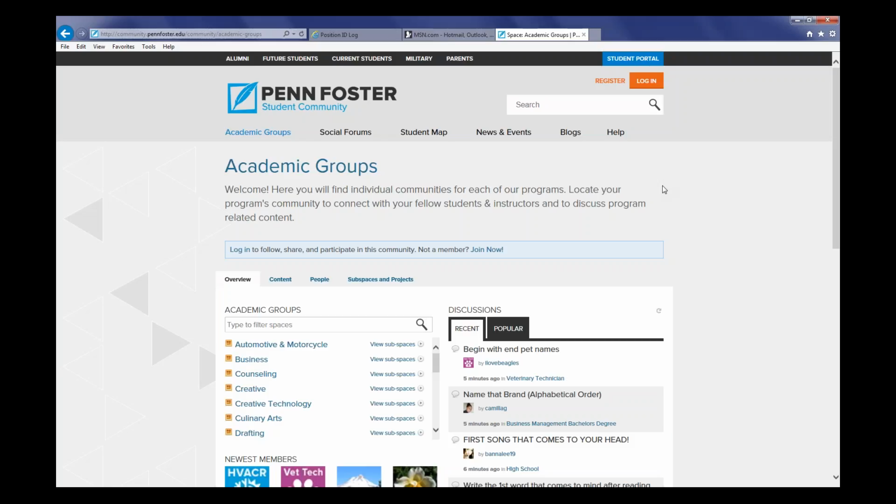If you click on it, it should take you out to the student community. Now, sometimes you'll come right to this page that you're looking at on the screen, or you might end up with a login page where you'd have to log in. I personally don't like doing it that way because if I had to log in, I'd have to create a new login and so on and so forth.